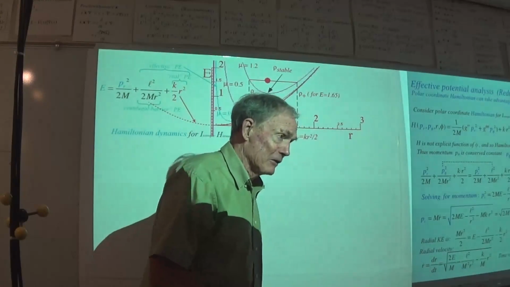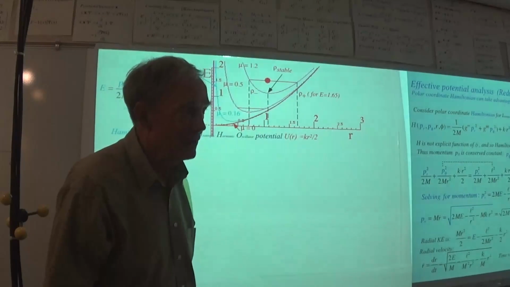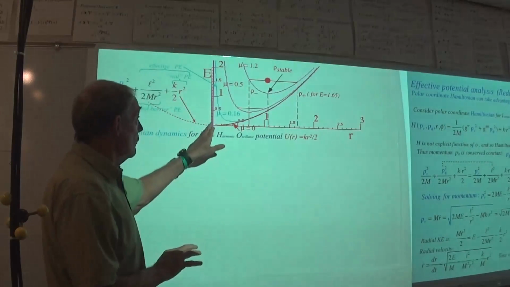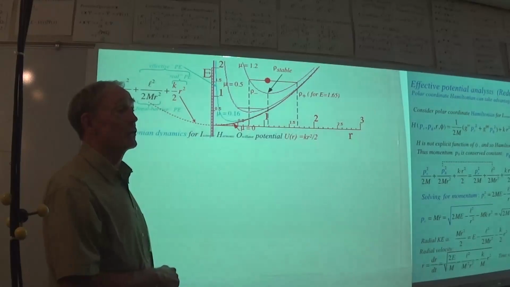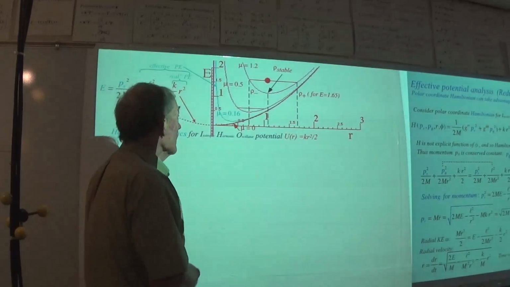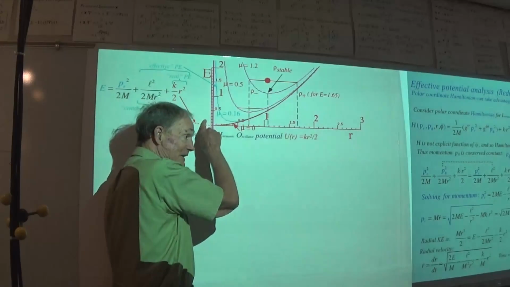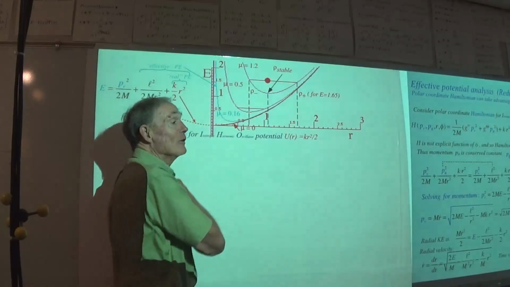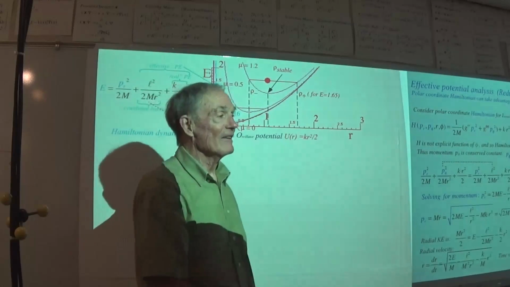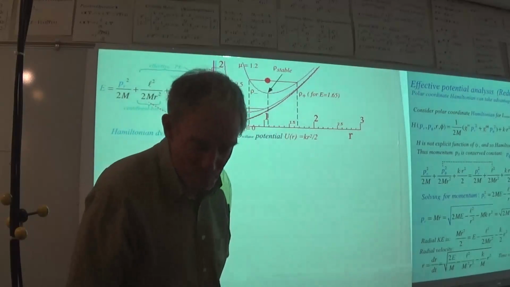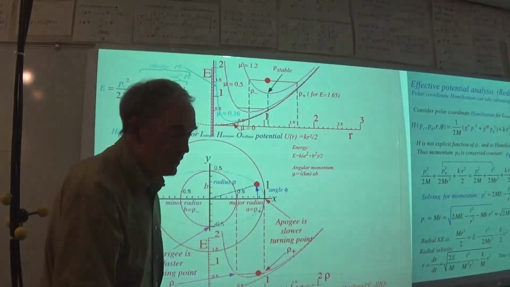So that's the key thing. The centrifugal barrier completely makes it avoid the r equals 0 point. Well, there's an evanescent wave, right? But that's 0 too. Okay? So that's what we want to play with.